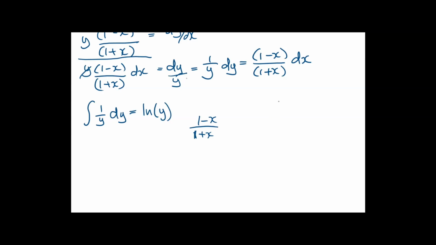I'm just going to go long division. So at the bottom here, I have negative x plus 1 on top, and plus x plus 1 there. Okay, how many times does positive x go into negative x?